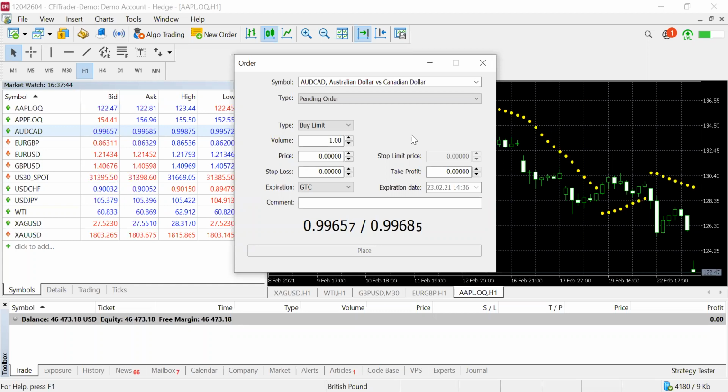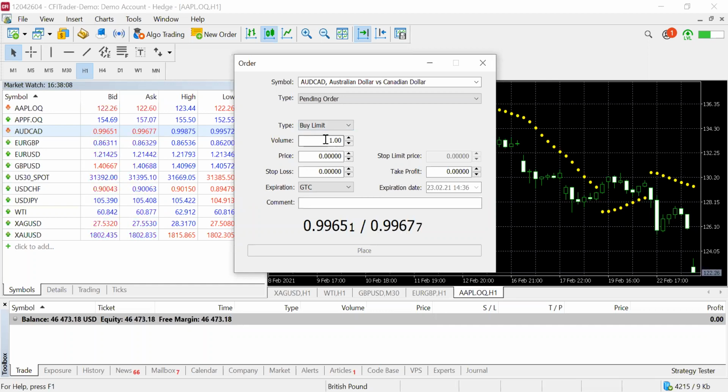So let's say at the moment you're looking to go long or buy, but you're not really convinced to enter the market. You might wait until it goes to, let's say, 0.9980, for example, or even 70. All you have to do is put the volume.